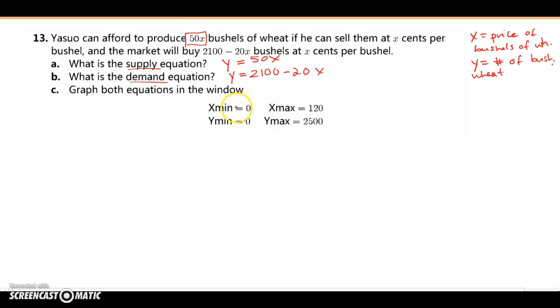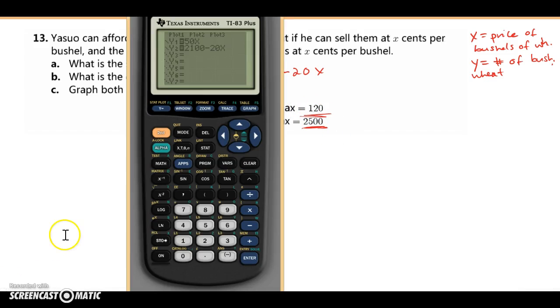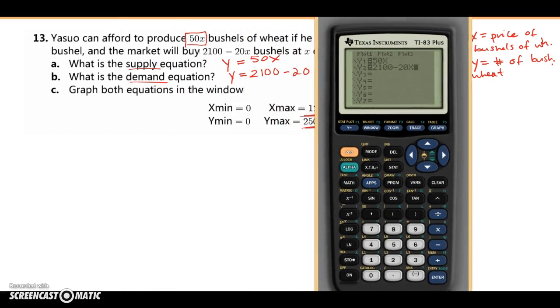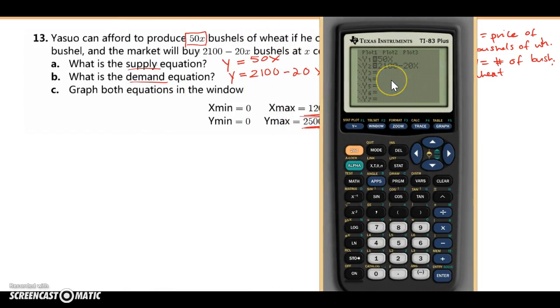Now when I graph both equations in this window, actually that's important that they're giving me the window, because if I just go to my basic window, it's not going to display everything nicely because these numbers are going to go beyond -10 and 10 for the x and y axis. So let's go graph both and then analyze what happens. So I have both of the equations, the supply equation and the demand equation, input into the calculator.